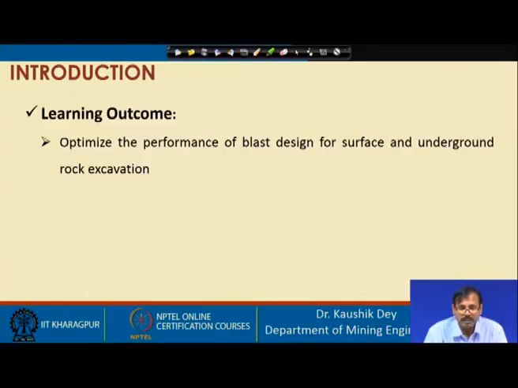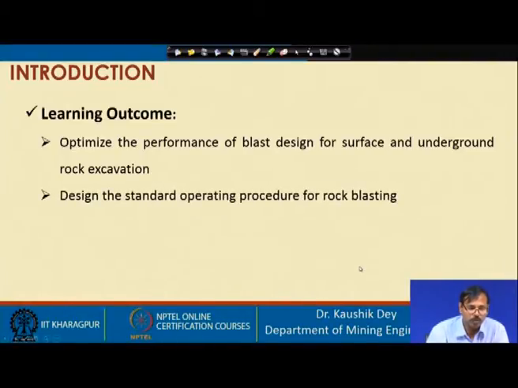So, optimization is very important, where all the unit operations are considered and the overall cost is minimized. So, optimized performance by a blast design for both surface and underground excavation is very important, and I want my student to know how to do this, and this must lead to SOPs, standard operating procedures.